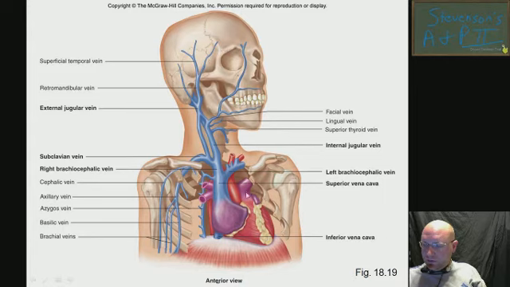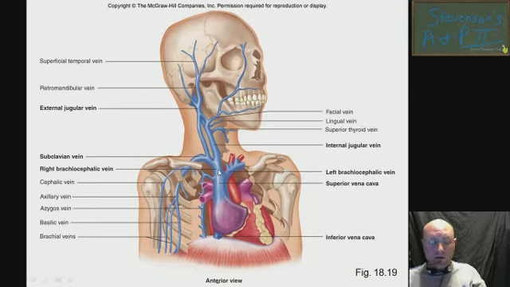Let's look down closer in the heart. We have the return. It's coming back into the right atrium, and the inferior and superior vena cavas have blood that enters the right atrium. We see the left brachiocephalic vein and the right brachiocephalic vein.